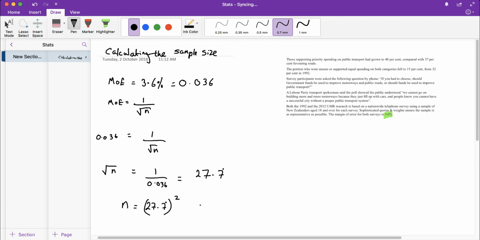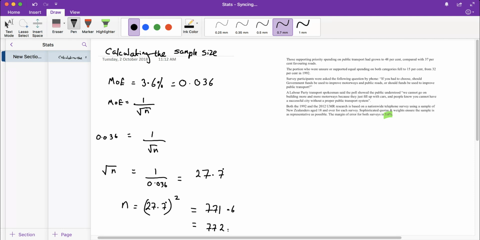So if I square 27.7, I get an answer of 771.6 and a few other decimal places, which means that my sample size is likely to be 772.